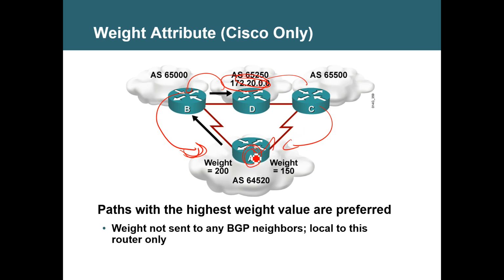But in A, I have set 200 for B, so the advertisement given by B is more preferred, given more attention than the advertisement given by C. Only if B fails to give some network and C gives it, only for those networks it will go via C.